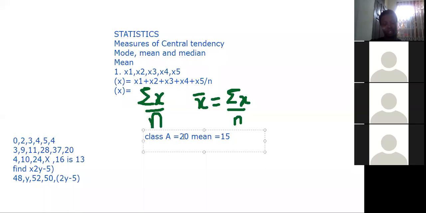Number 2, the other one says the average of another class is 30, so class B has 30 students, and the mean is 20 years.